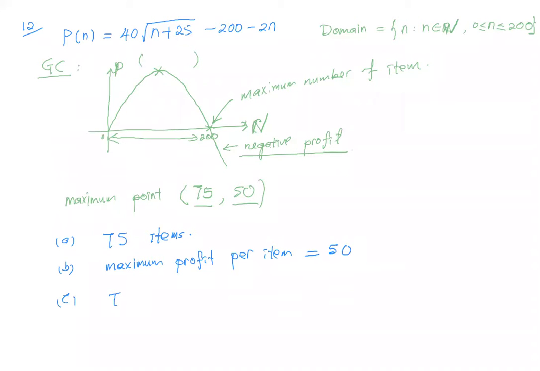Okay, so now what is, hence, the total profit per day? So total profit per day will be 75 times 50. So it will be 3,750. Are you okay?